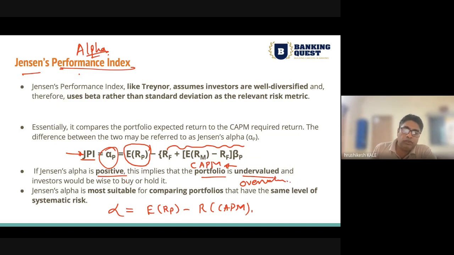Now, Jensen's alpha is most suitable for comparing portfolios that have the same level of systematic risk or market risk. So if there are two assets whose betas are almost the same, let's say 1.2 and 1.2, then if you calculate Jensen's alpha, you find out how good the manager is working in order to create good returns and find undervalued securities.